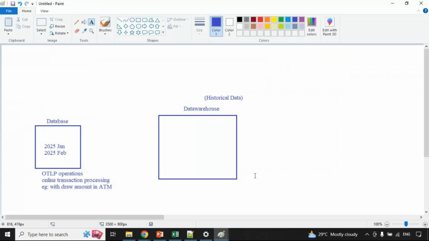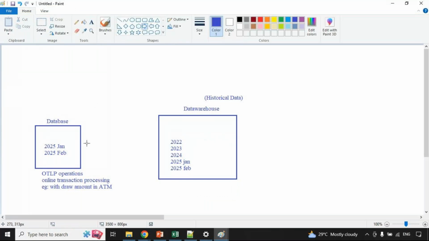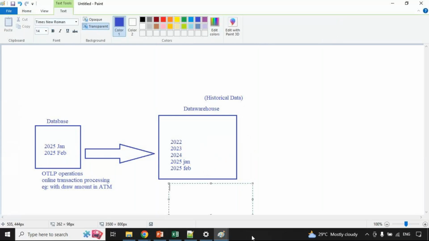Here, consider transactions related: it maintains 2022, 2023, 2024, 2025 January, 2025 February. Periodically we move the data from the database to the data warehouse. In the data warehouse we maintain the historical data. As we have a huge amount of historical data, we can perform analytics, which is OLAP operations, online analytical processing.